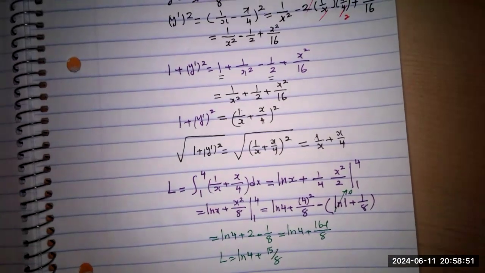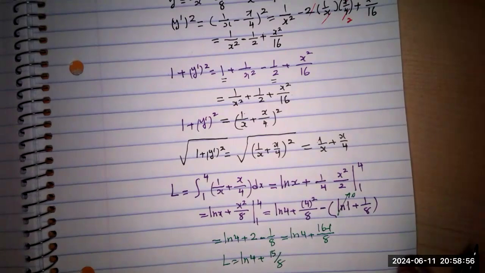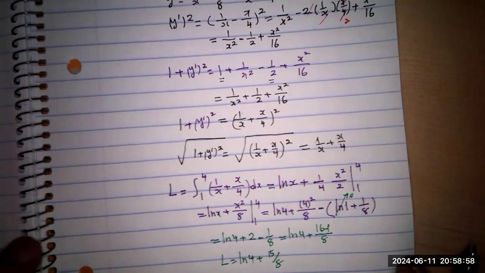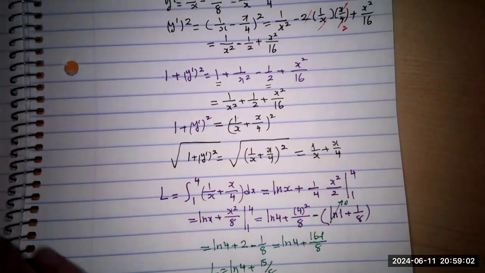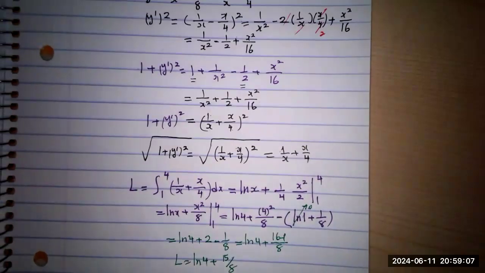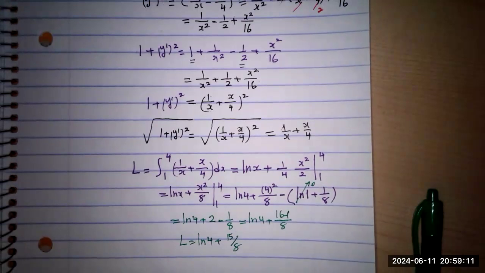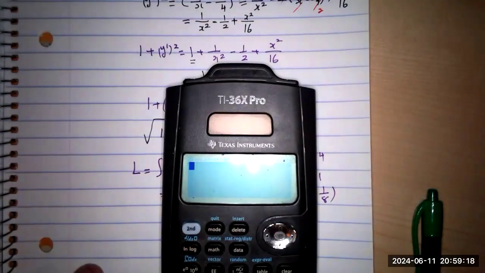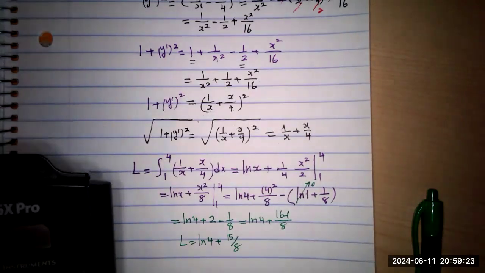So you can use your calculator if you like to find a decimal number for it, or you can leave it as is. If you use your calculator, ln of 4 would be 2 ln 2. ln 2 is something like 0.69. You can get a number, but you don't have to.